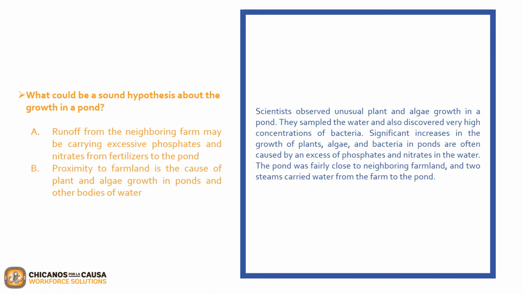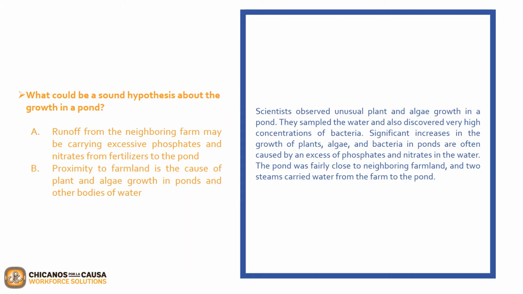The paragraph states, scientists observed unusual plant and algae growth in a pond. They sampled the water and also discovered very high concentrations of bacteria. Significant increases in the growth of plants, algae, and bacteria in ponds are often caused by an excess of phosphates and nitrates in the water. The pond was fairly close to neighboring farmland, and two streams carried water from the farm to the pond.